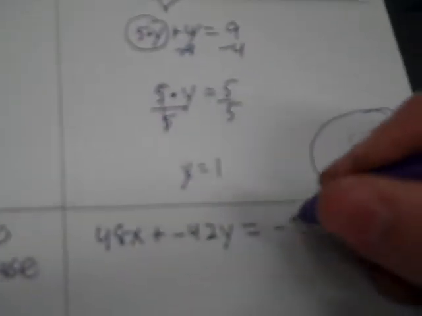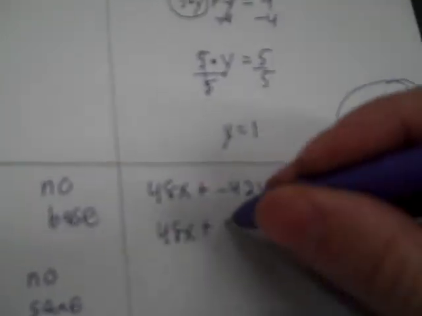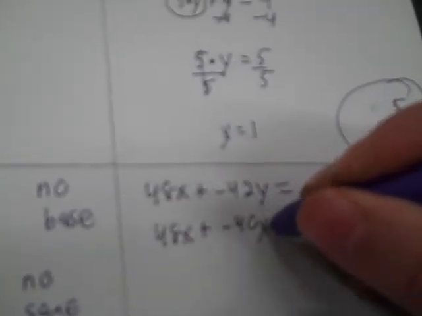And then negative 3 times 6 would be negative 18. And then on the bottom, 6 times 8 is 48 with x. Negative 5 times 8 is negative 40 with y. And then negative 1 times 8 would be negative 8.